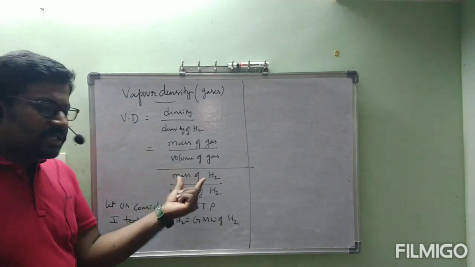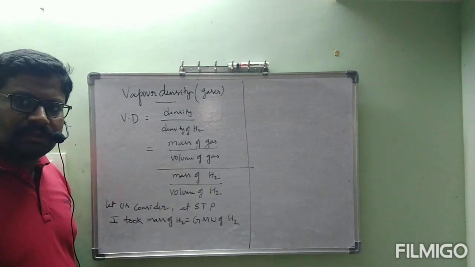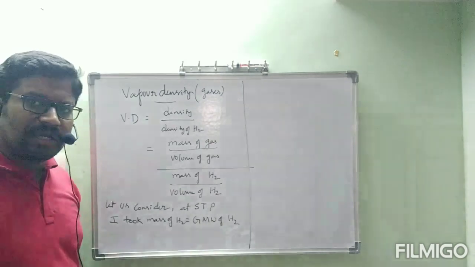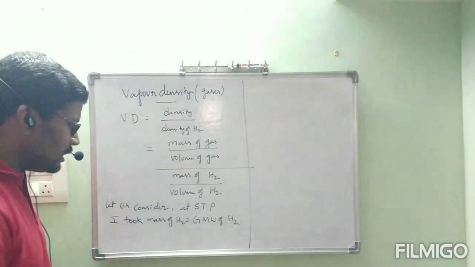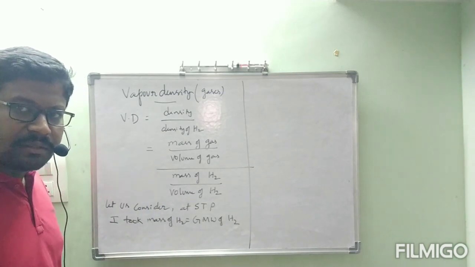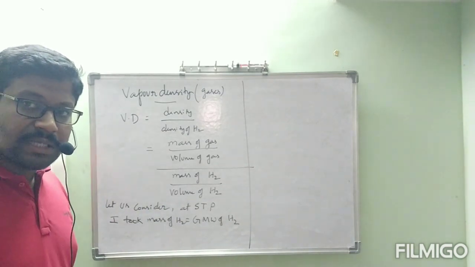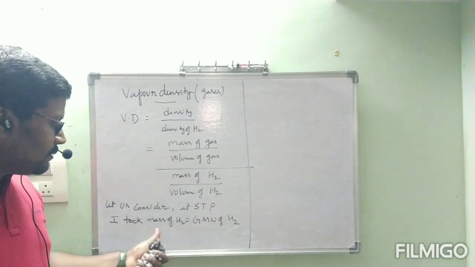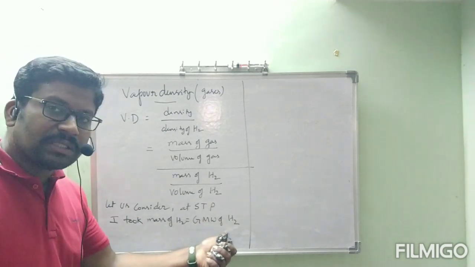Here, this mass of hydrogen I took 2 grams. 2 grams is nothing but gram molecular weight of hydrogen, that is 1 mole. 1 mole of H2 mass is 2 grams. That only I took: mass of H2 is equal to gram molecular mass of H2.